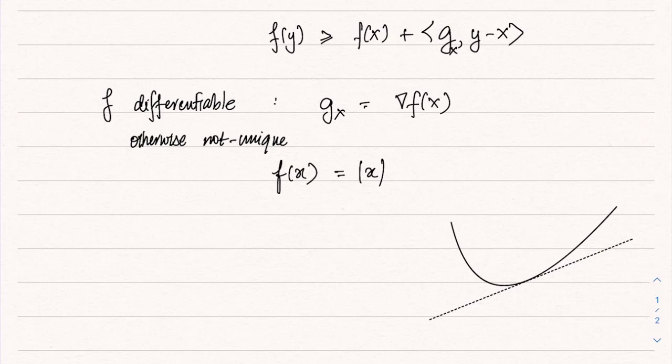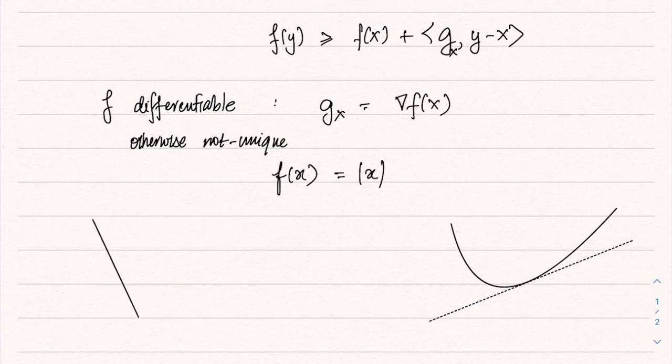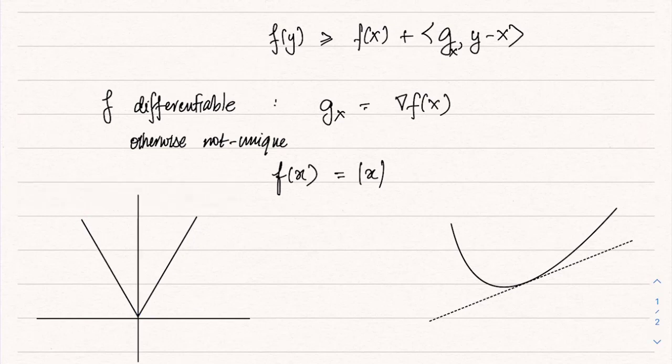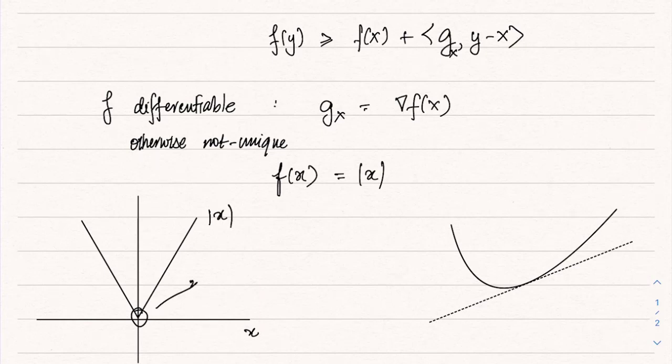Now in the non-differentiable case, for example, the absolute value of x would look something like this. So this is the absolute value of x, and you can find a lower bound on it at any point except at 0. So 0 is the point where it is actually not differentiable, right?